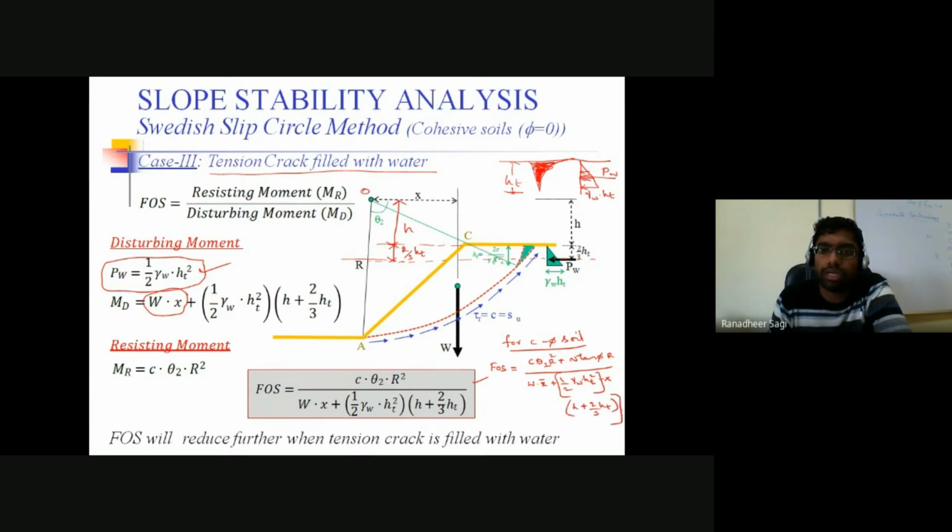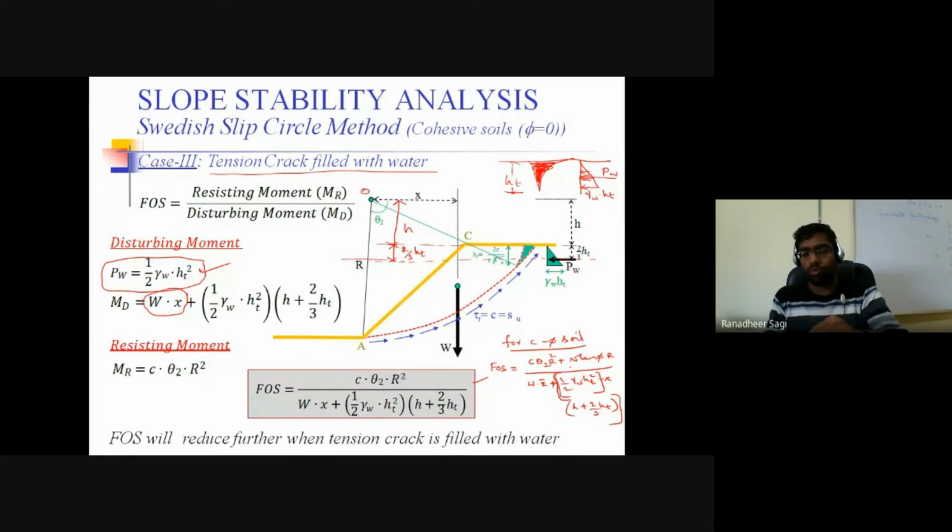Okay, so this is all inside the bracket. That's how you are going to have your expression for factor of safety in case that particular soil is a c-phi soil, in which you had your tension crack, where that region of the tension crack is getting filled with water.